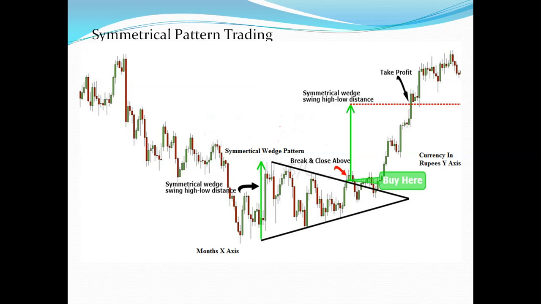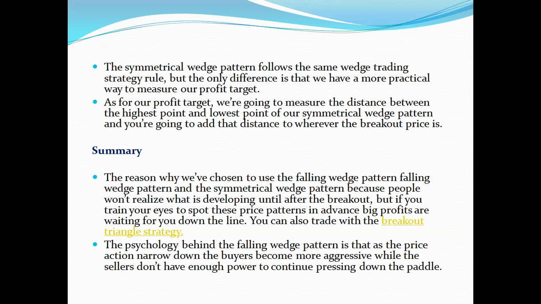The first and biggest step is to identify the pattern, then the entry point and then the exit point. The symmetrical pattern allows the same wedge trading strategy rules, but the only difference is that we have a more practical way to measure our profit target.